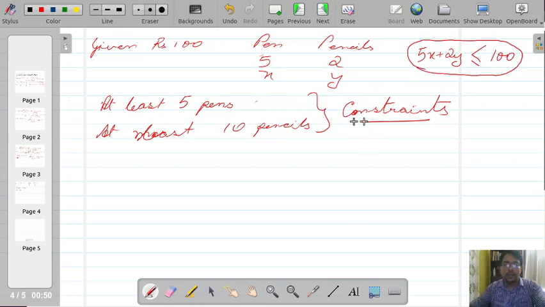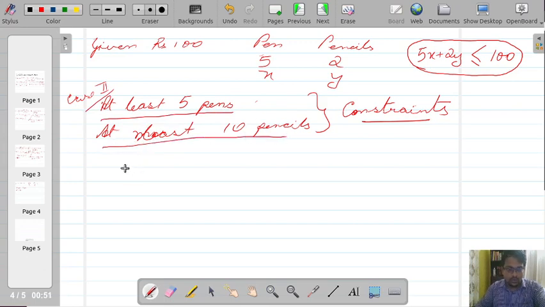But in this second case, say case 2, I am adding 2 more constraints, that you should buy at least 5 pens and at least 10 pencils. So mathematically, how will I write this? x should be greater than or equal to 5, because I want at least 5 pens.